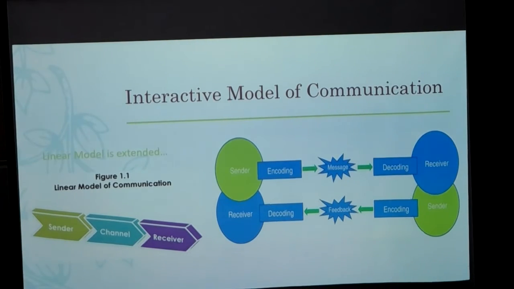So it's very much a cyclical process. The interactive model allows for the give and take of conversation, and it incorporates feedback, which is ever present in our everyday conversation.